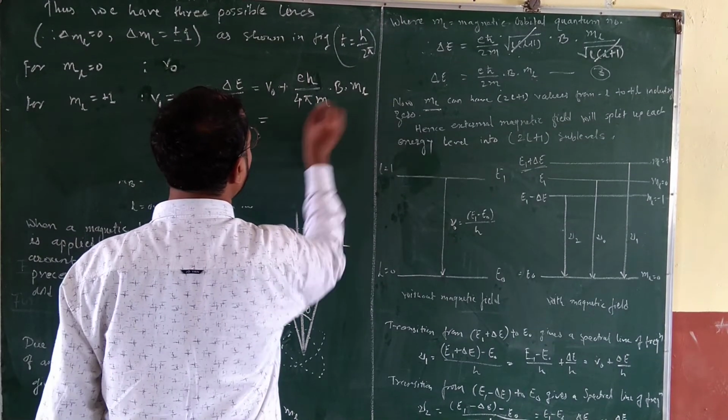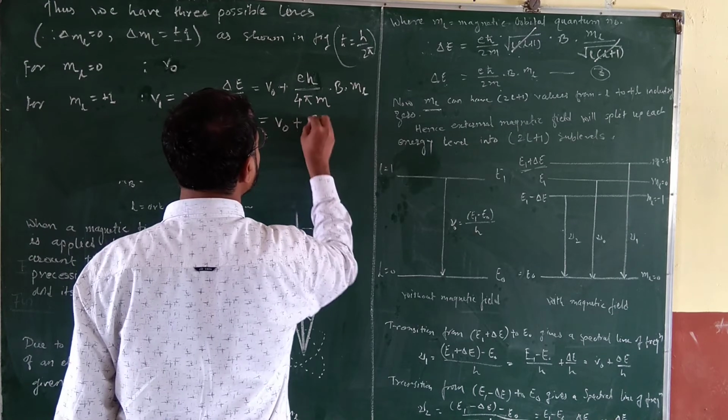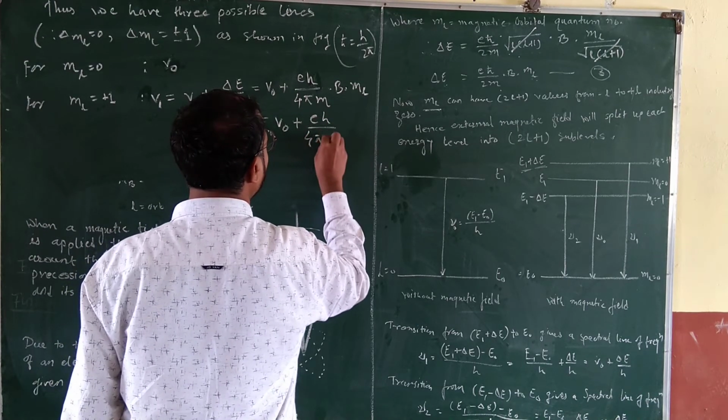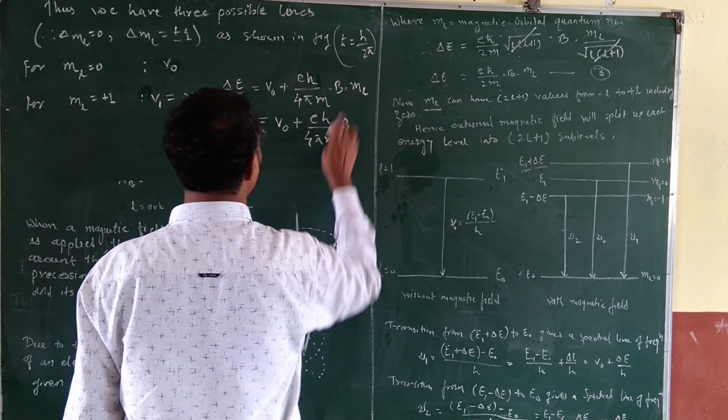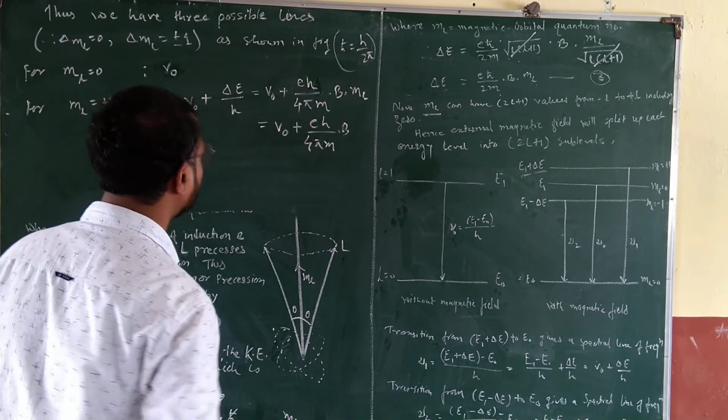What is the value of ml? It should be v0 plus e h upon 4 pi m into B, because ml is equal to 1.